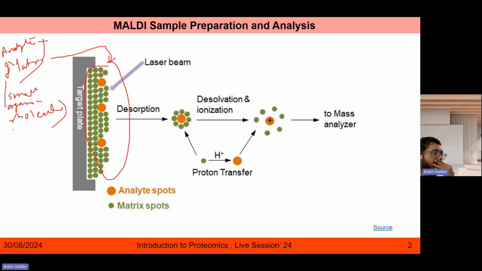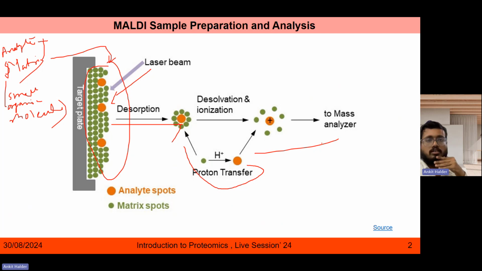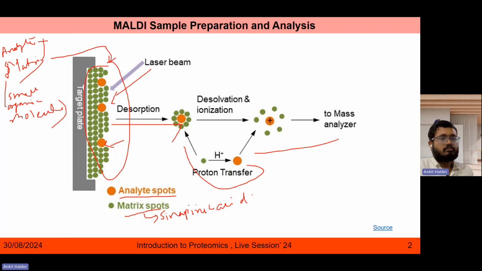So this particular matrix is a small organic molecule, where the laser beam comes, and ionization via proton transfer takes the ions to the mass analyzer. These are the analyte spots, the yellow ones, and this is the matrix. It will be something like sinapinic acid for larger proteins, which we will also look at in detail when we go into some of those slides. You will be seeing that we are looking into it as well.